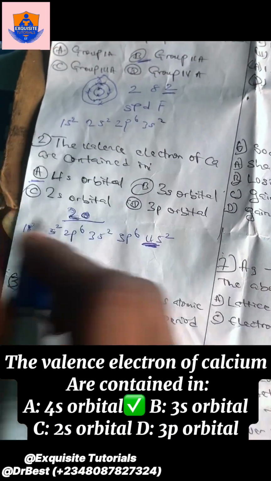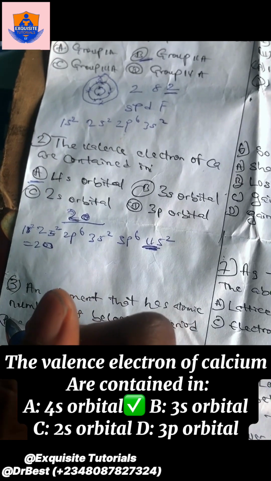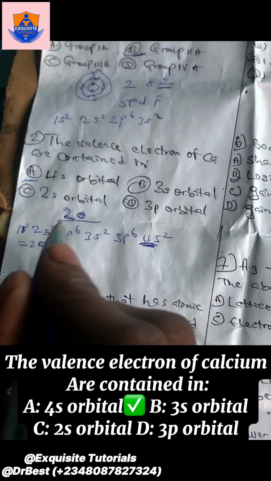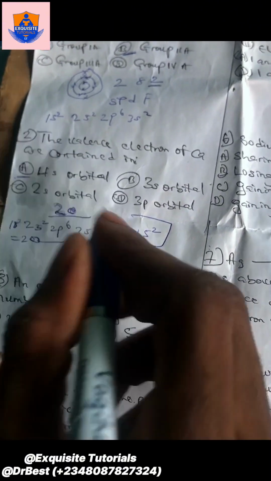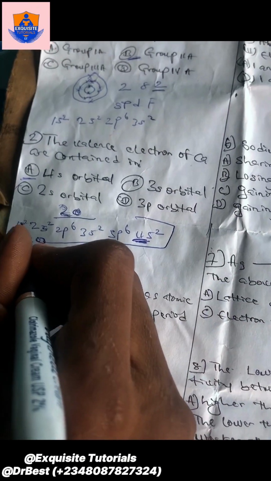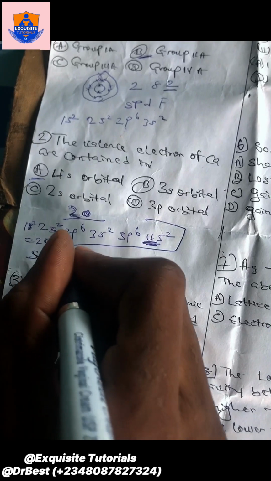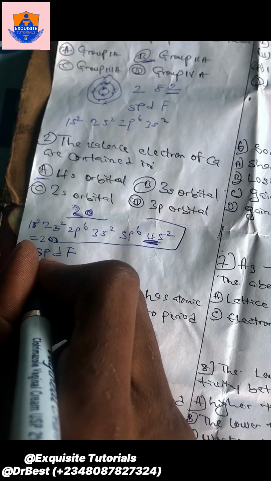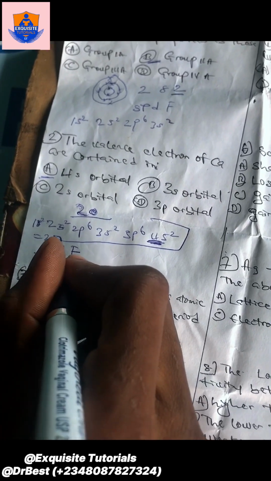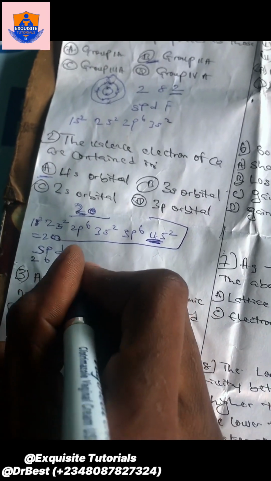Now, some of us don't know how to write electronic configuration, so let me show you. Here you are going to have S, P, D, and F. S is going to contain just 2 electrons. P will contain 6. D is going to contain 10, while F is going to contain 14.